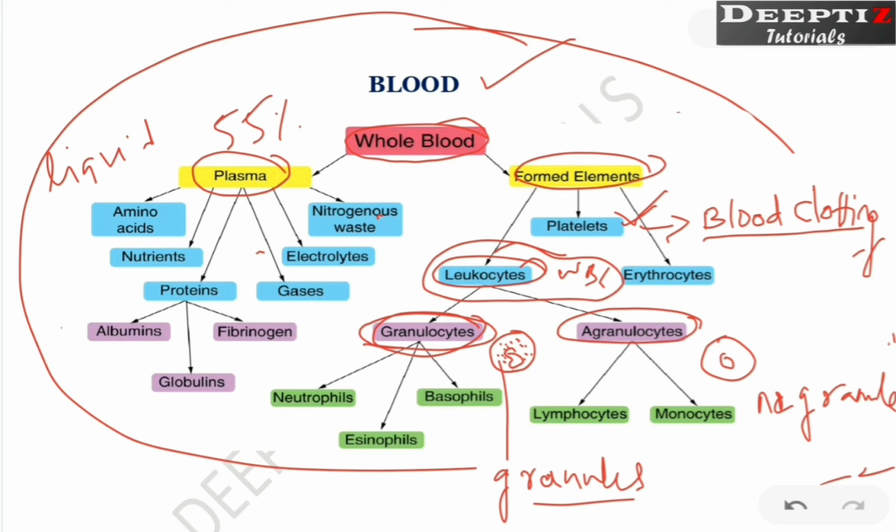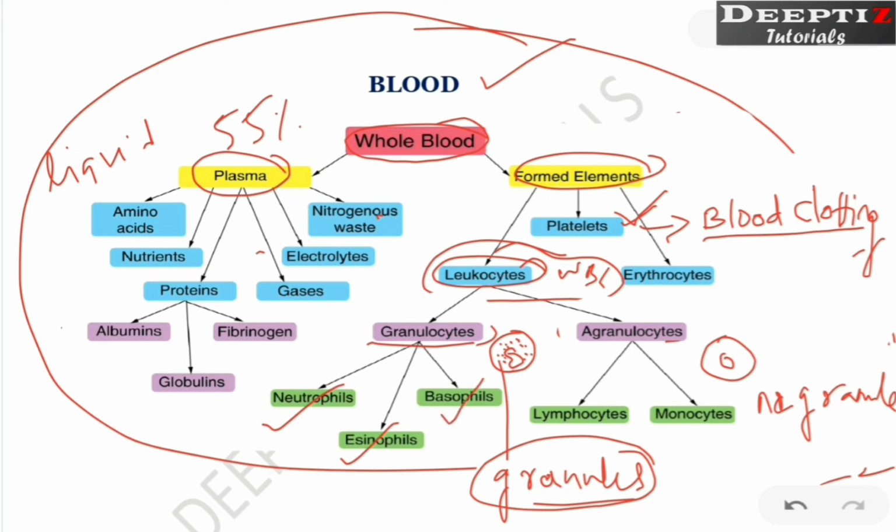So how is the WBC or leukocyte classified? Based on the presence of granules. If granules are present, we call them granulocytes. If the granules are absent, we call them agranulocytes. Right? Now, what are the types of granulocytes? Neutrophil, eosinophil and basophil. You might have heard about eosinophilia.